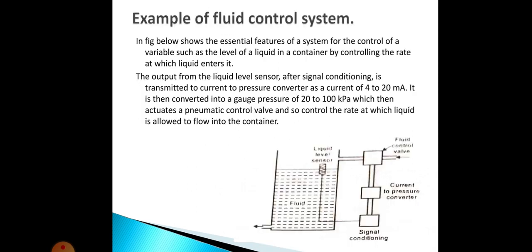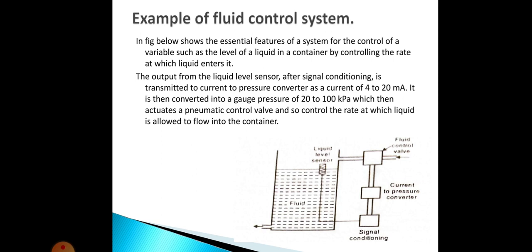The next one, we will be seeing an example of a fluid control system. You can see in the diagram the features of a system for the control of a variable such as the level of a liquid in a container. The output from the liquid level sensor, after signal conditioning, is transmitted to the current to pressure converter.